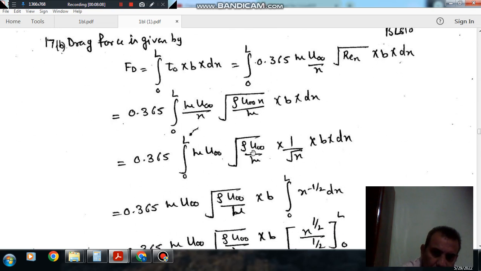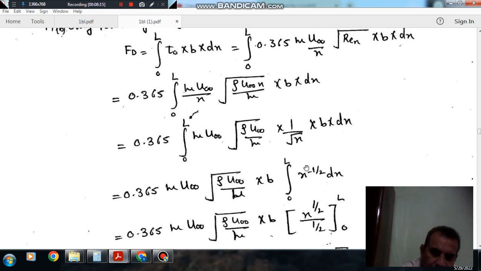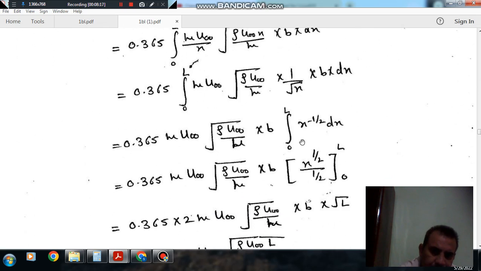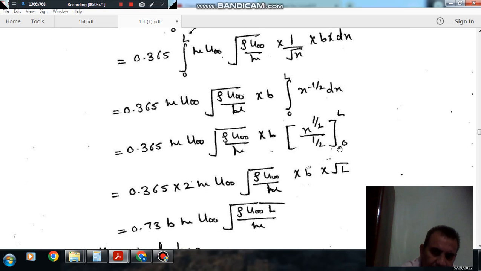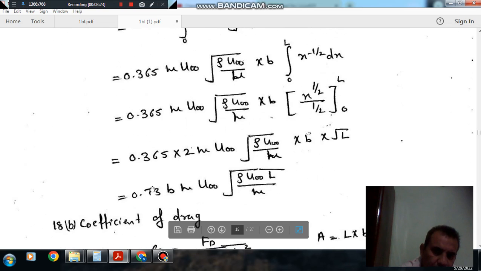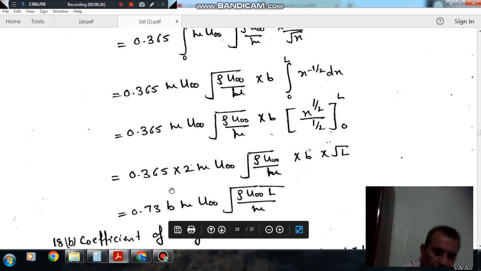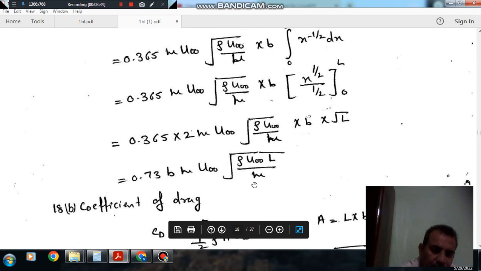Now rho, u infinity, mu, b are constant, and the only variable is x. So we can integrate it, that is x raised to power 1 by 2 divided by 1 by 2, with limits 0 to L. Solving this, the drag force comes out as 0.73 b mu u infinity root of rho u infinity L by mu.